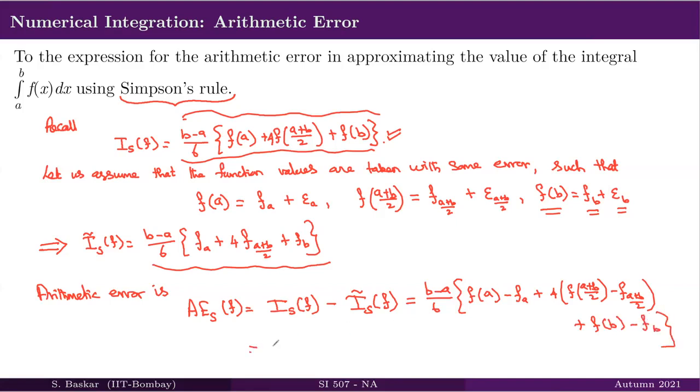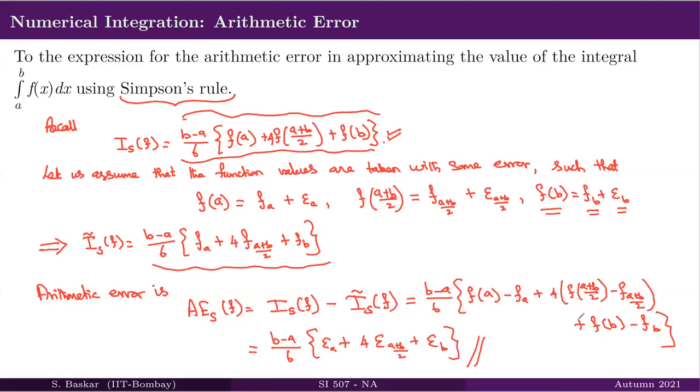And that is given by (b minus a) by 6 times [epsilon a plus 4 times epsilon (a plus b) by 2 plus epsilon b]. So that is the expression for the arithmetic error involved in the Simpson's rule. In a similar way, we can obtain the expression for the arithmetic error involved in any quadrature rule.